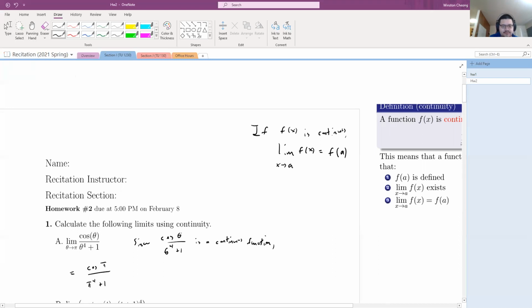We're allowed to just plug in by definition of continuity. And now you just have to remember what cosine of pi is. It's going to be minus 1 over pi to the 4 plus 1. And so this is what you get.